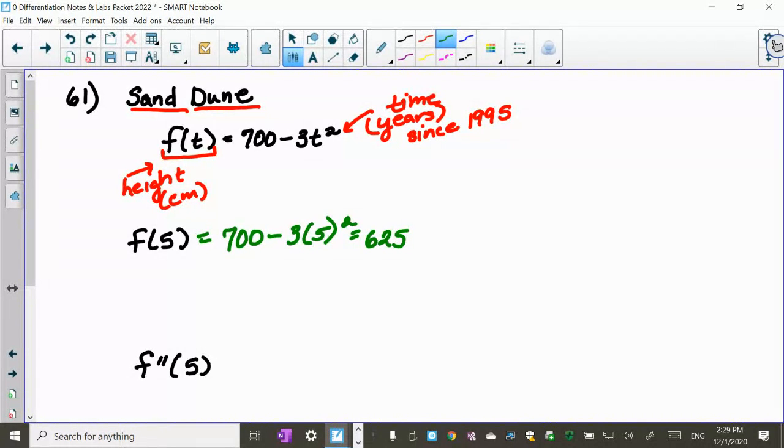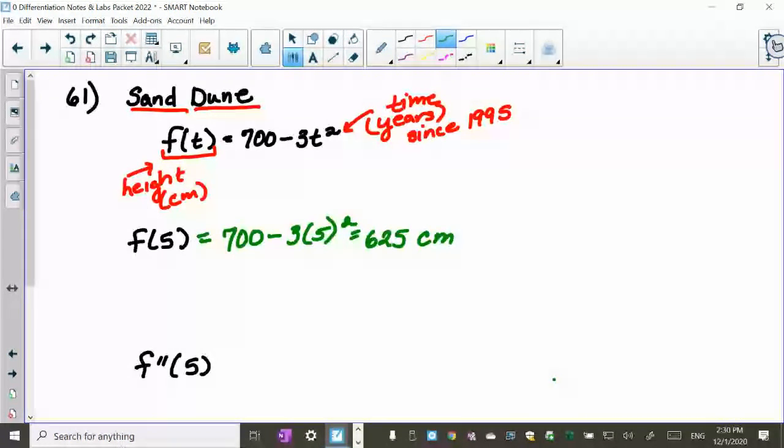So what's important to me is, what does that mean? That's very easy math. Well, first of all, if I'm doing the function, if I throw in a 5, I'm talking about time. And when I plug that in, this is going to give me the height. So this is really 625 centimeters.